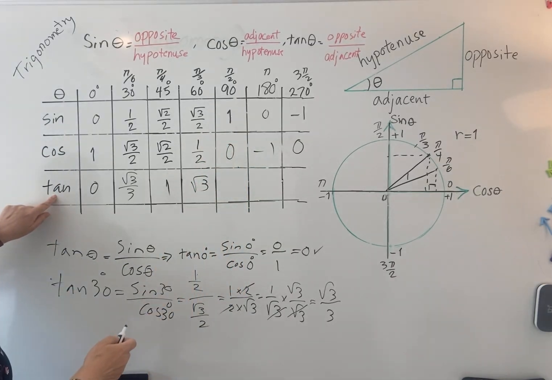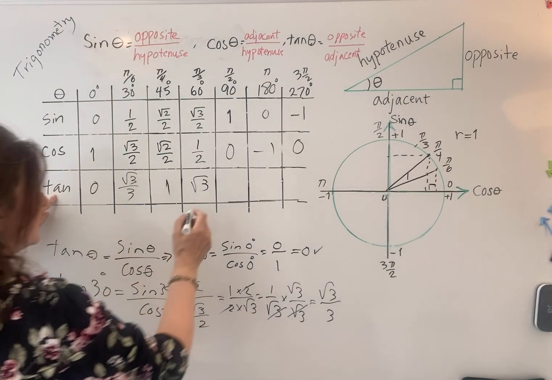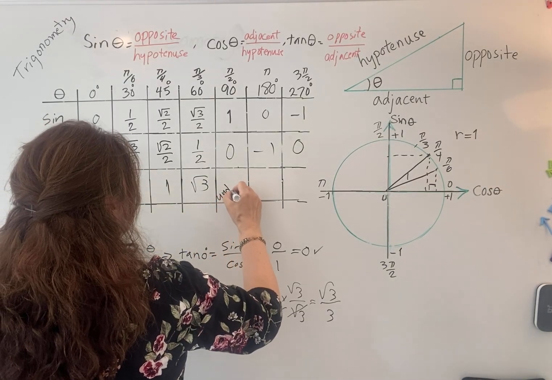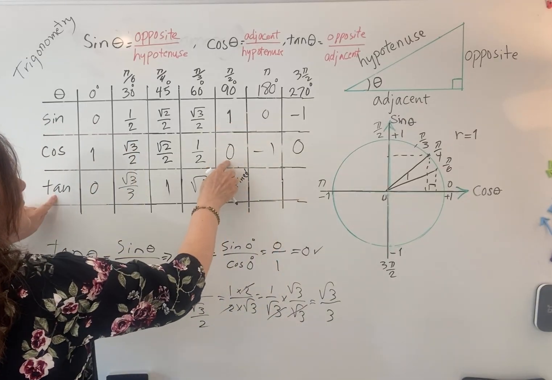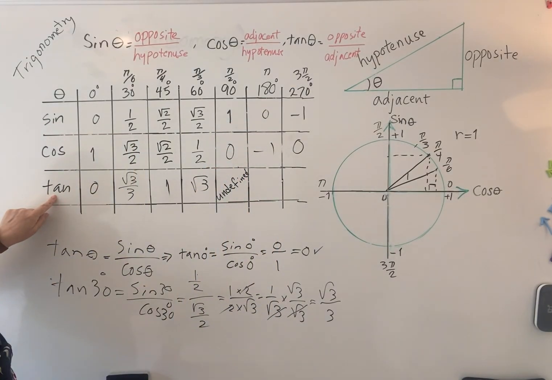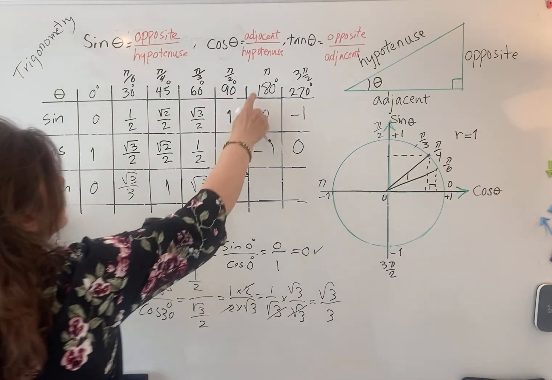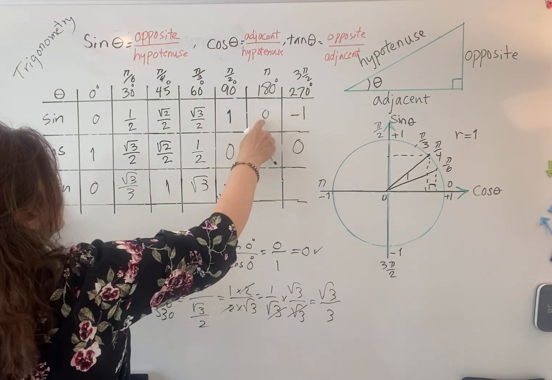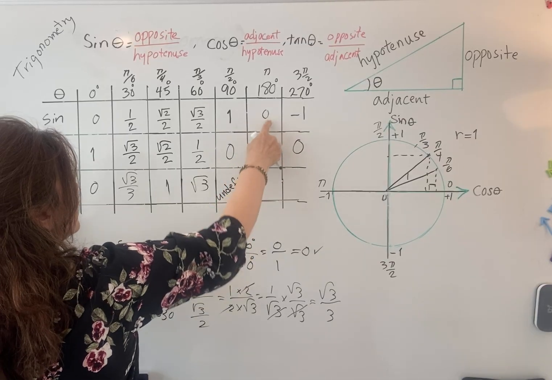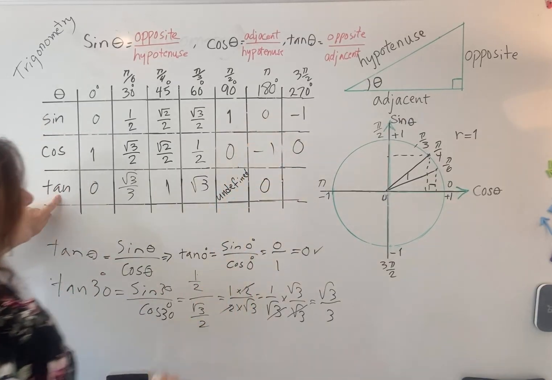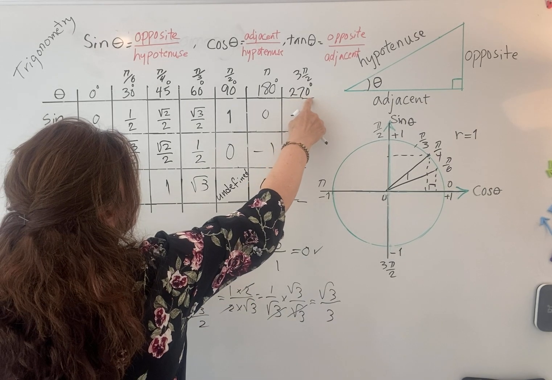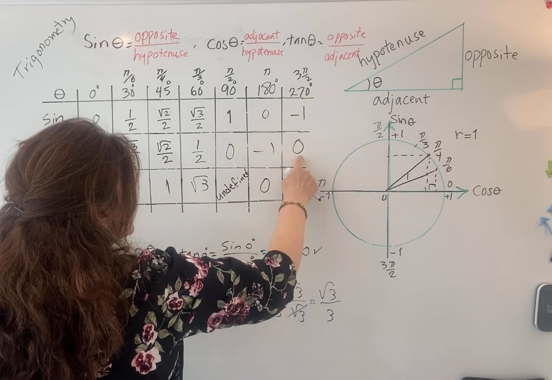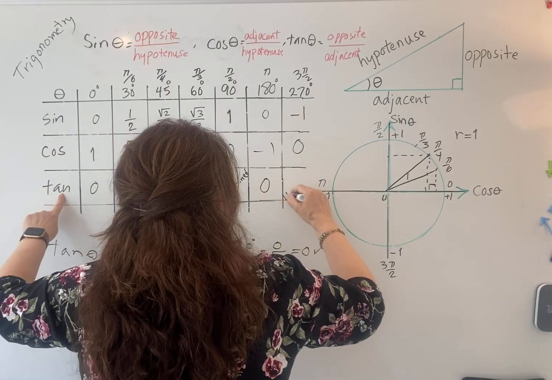We know that this is undefined, because 0 in the denominator makes it undefined. Tangent of 180: sine over cosine, 0 over negative 1 is 0. Tangent of 270 degrees: negative 1 over 0. This is undefined again.